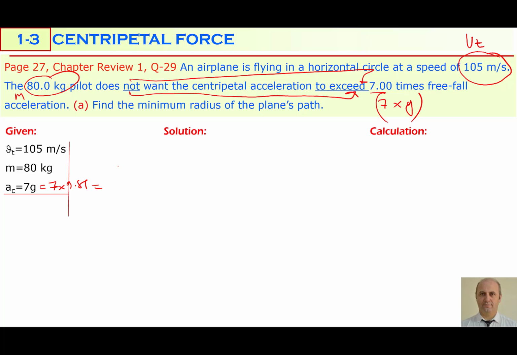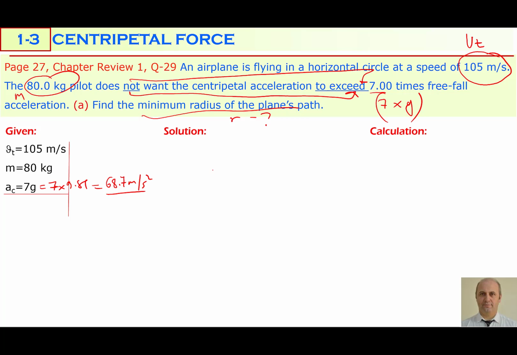If we calculate, 7 times 9.81, it's going to be 68.67. So 68.7 meters per second squared is the maximum centripetal acceleration that the pilot's body can bear. So find the minimum radius of the plane's path, calculate r. So r is the question in here.